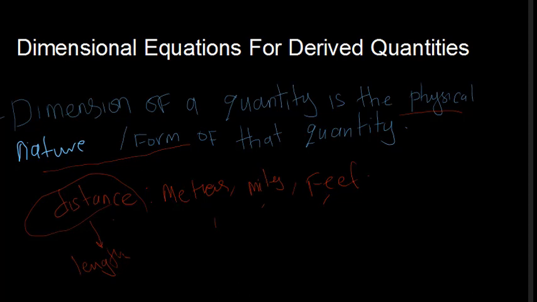This is to say that the dimensions of distance as a derived physical quantity is just length. In other words, distance is formed from this fundamental quantity, length. So the dimensions of distance are just length, describing the physical nature of a distance.